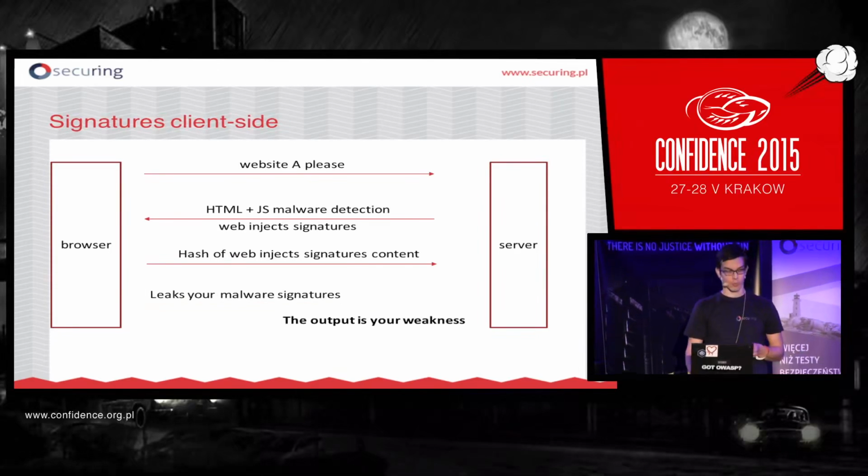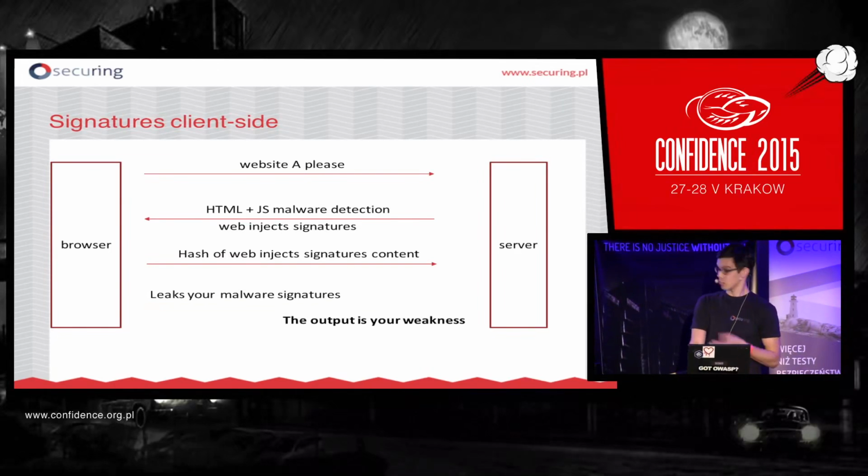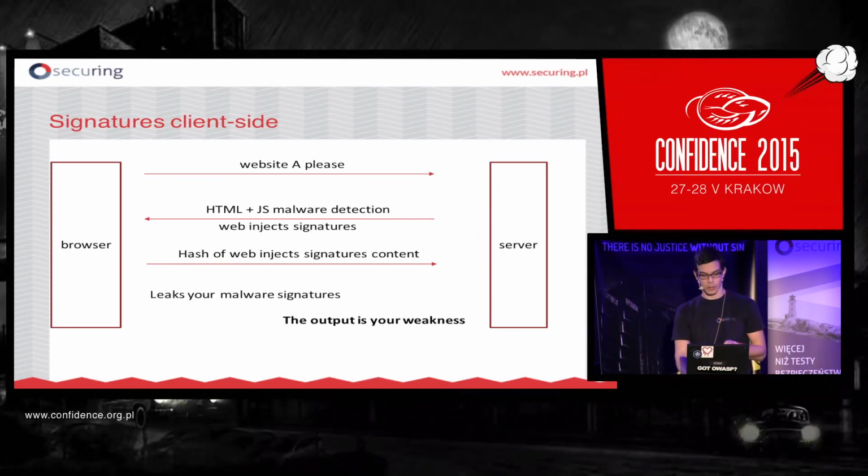And the second approach was signatures client-side. So same as before, the user navigated and got all the HTML, JavaScript, CSS stuff he needed, and also our malware detection script.